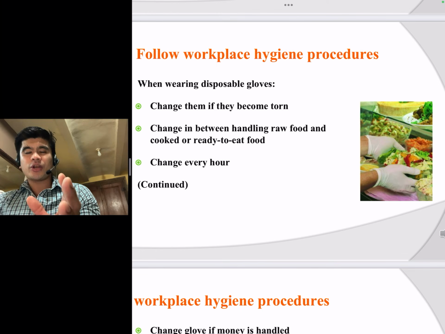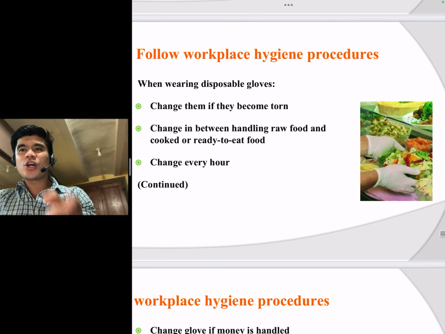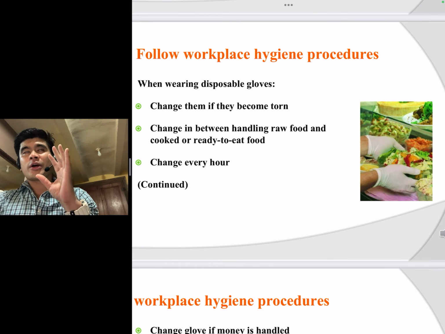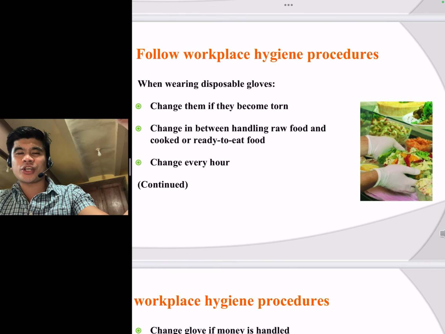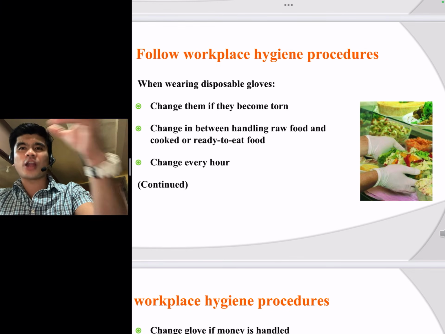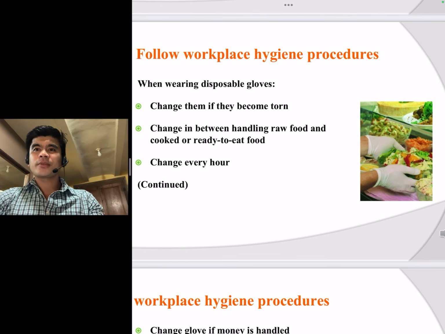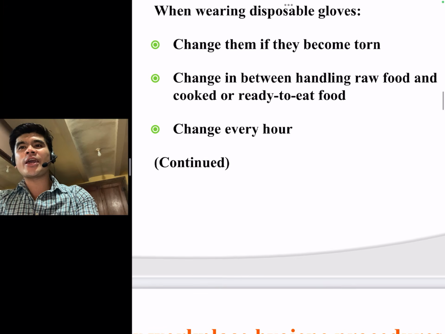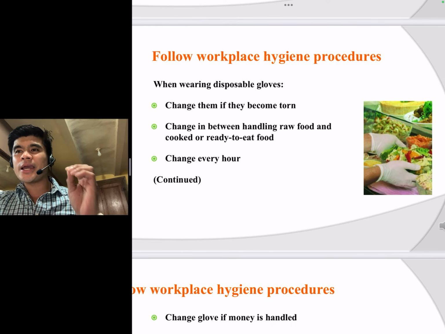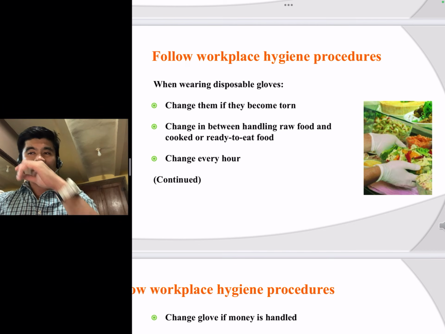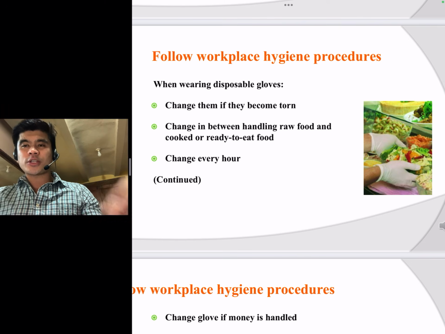So you wash your hands, or you change your gloves from one task to another, from vegetable section to fruit section to meat section. You change your gloves everywhere you're going to work. At least it says here change every hour, but the best practice would be to change it every task, to avoid any cross contamination.